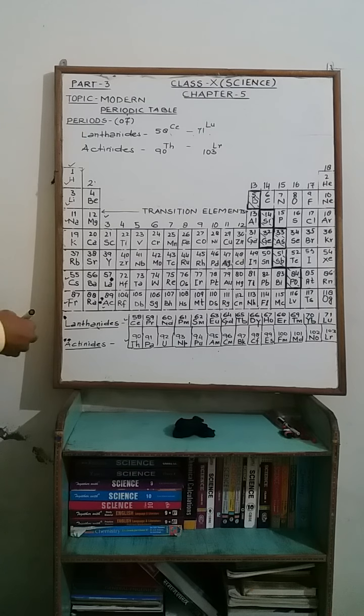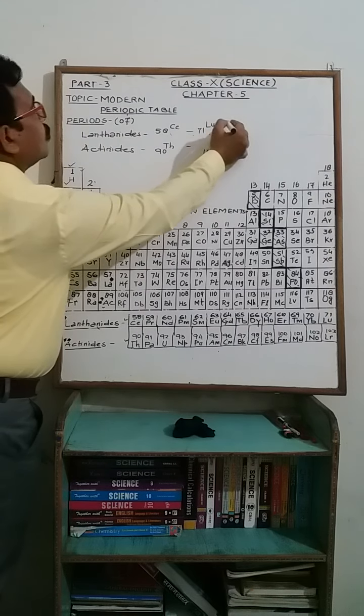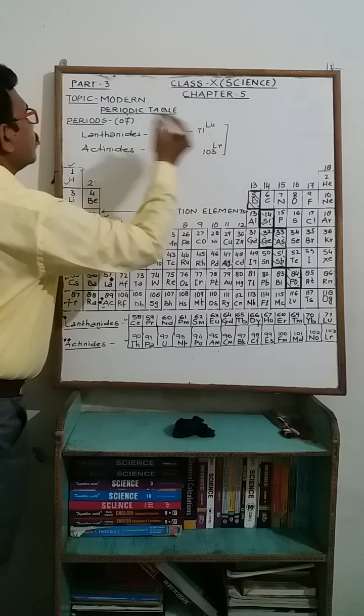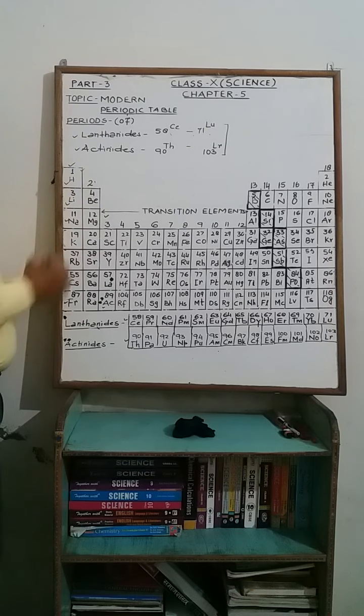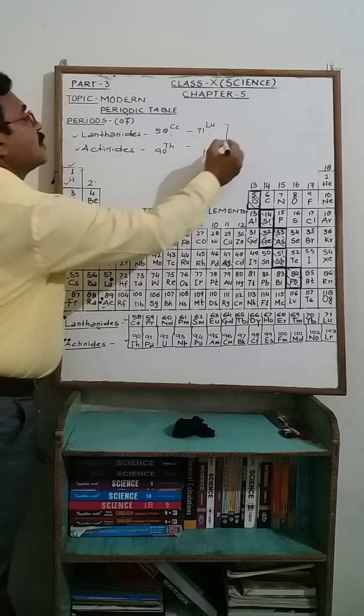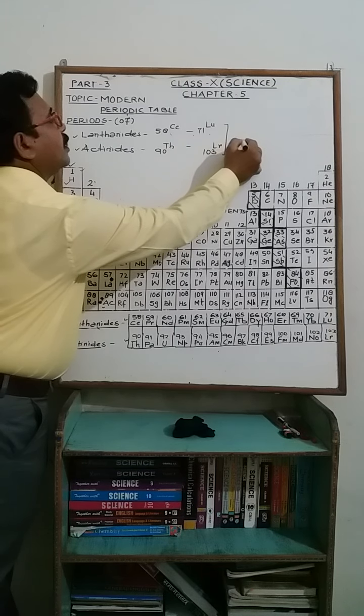Clear? So these two series, lanthanides and actinides, are collectively called the inner transition elements.